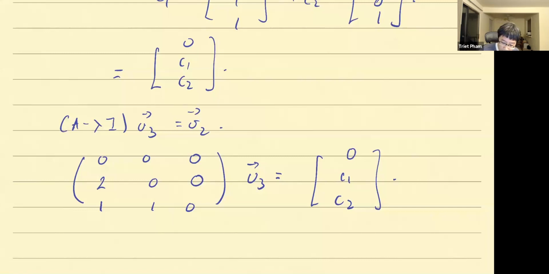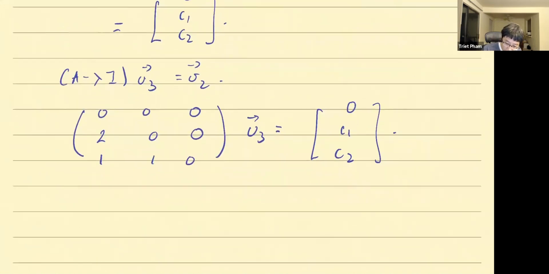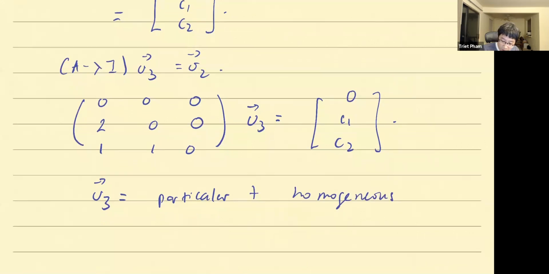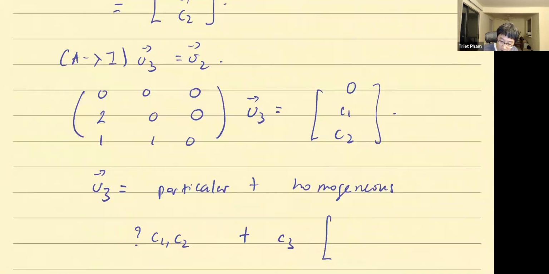Are you saying for the particular solution here? We need C1, C2, because C1, C2 is in here. What would C1, C2 be? By the way, V3 will be a particular solution plus homogeneous, as always. So the particular solution is something involving C1, C2. Homogeneous is when you pick up the C3 with exactly the same thing, (0, 0, 1).